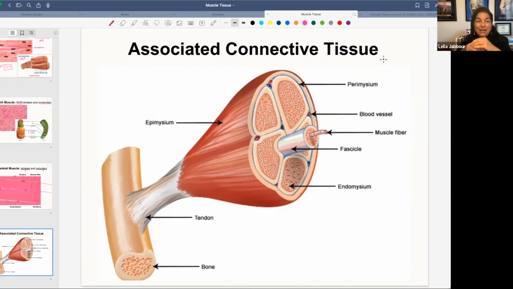The meninges around the brain, periosteum around the bone. We have connective tissue wrapping around muscle. Each individual fiber, muscle fiber, which is also called myofiber, is actually one cell, one muscle cell.